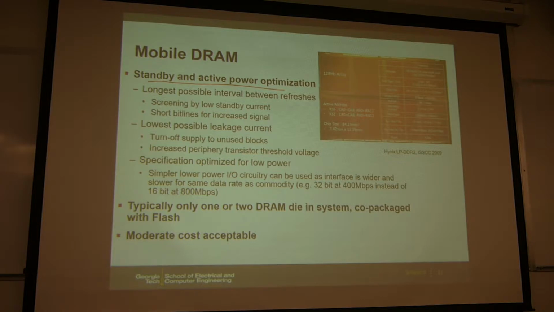And then the leakage current should be as low as possible. So low power is a key feature for the mobile DRAM. And some moderate cost is acceptable. If you need to engineer for low power, you may have to sacrifice some of the density, but this is acceptable.